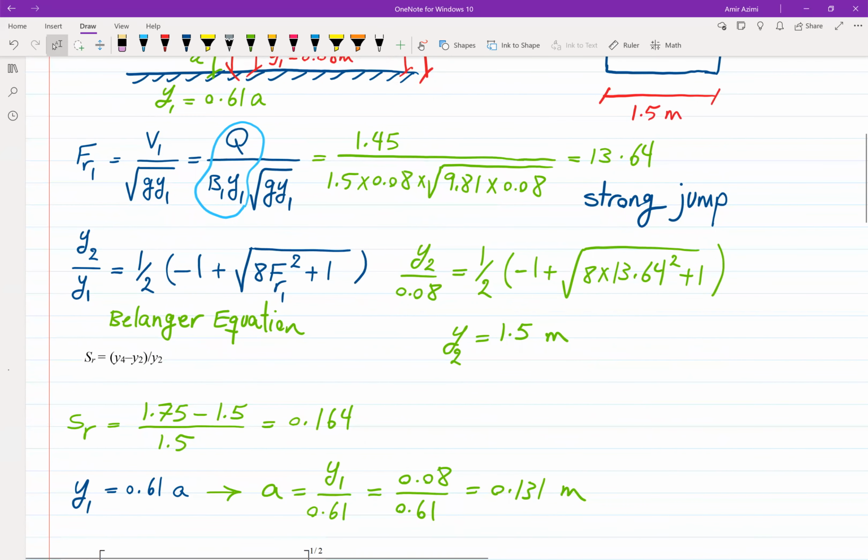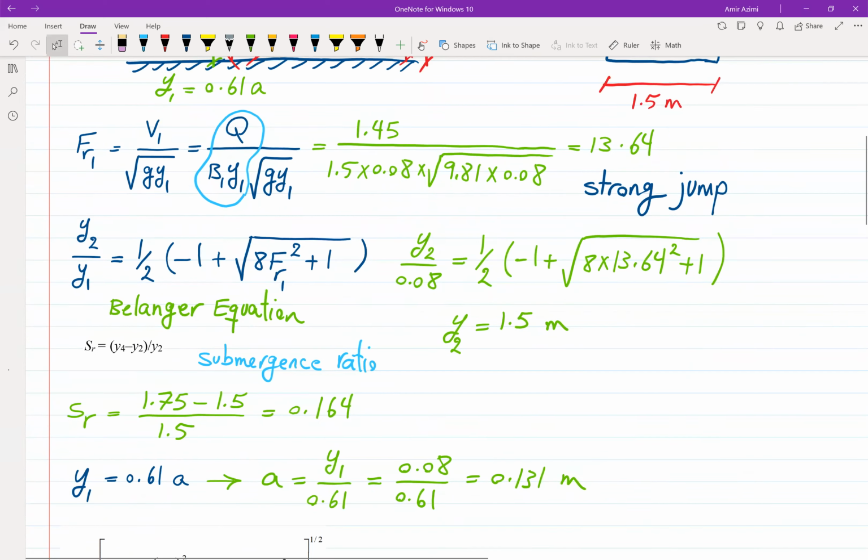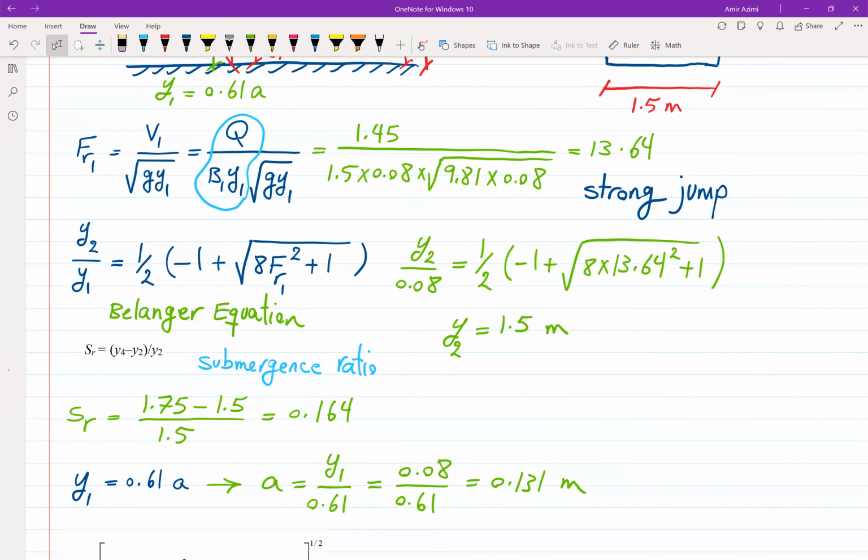In order to calculate Y3, first we need to calculate the submergence ratio, SR. We calculate the submergence ratio, and it is 0.164, which determines the degree of submergence.